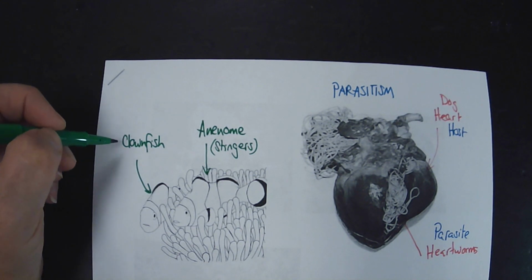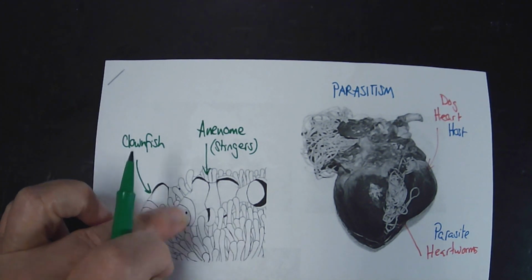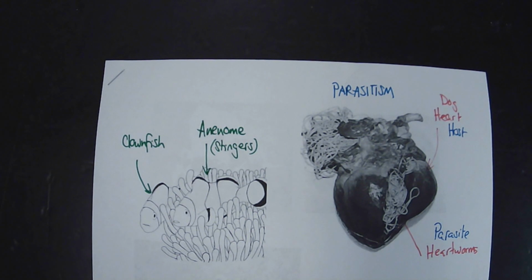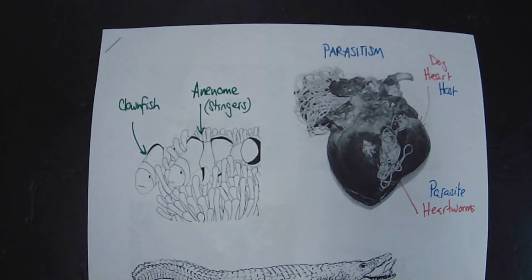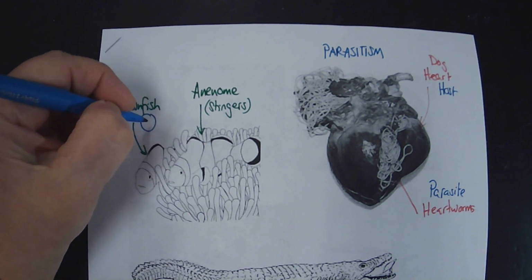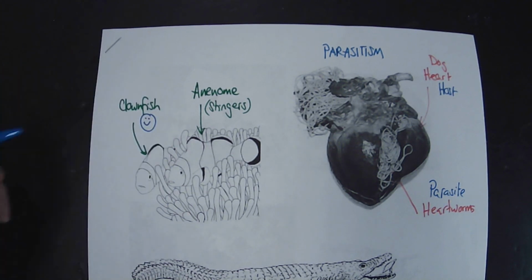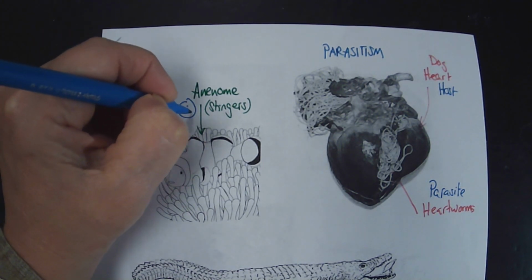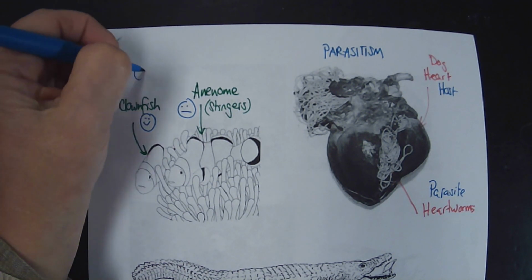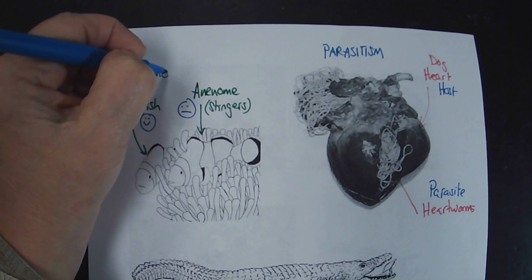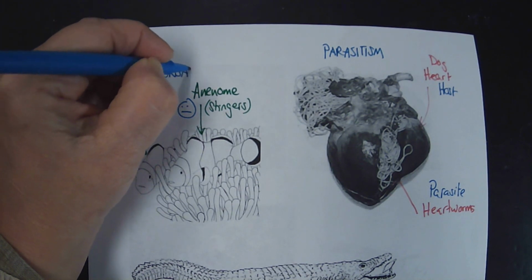So what happens is the clownfish gets protection from the sea anemone. The sea anemone is not hurt, it's not harmed. This relationship between the two of them is very good for the clownfish, but for the sea anemone, it's kind of neutral. It doesn't hurt it, it doesn't harm it. That is an example of commensalism.